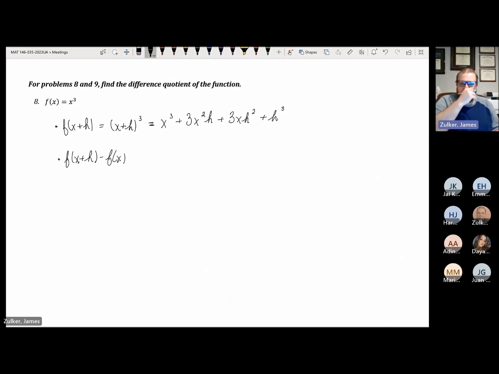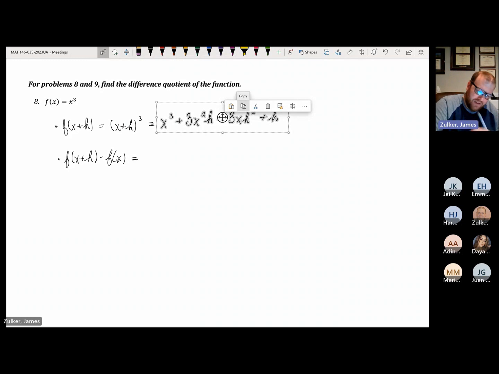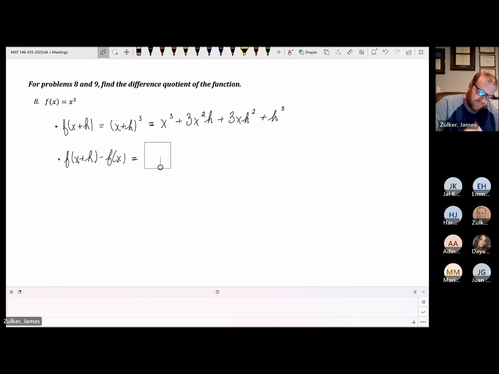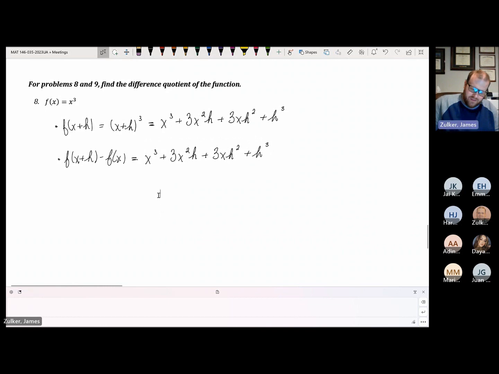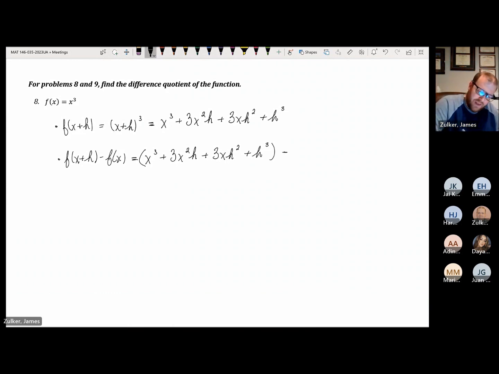Right now, take what we just calculated and subtract out f of x, which is x cubed.